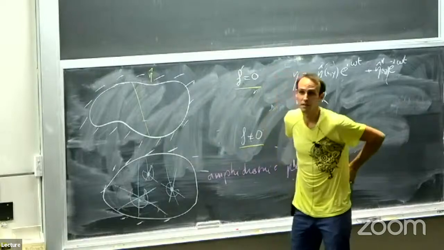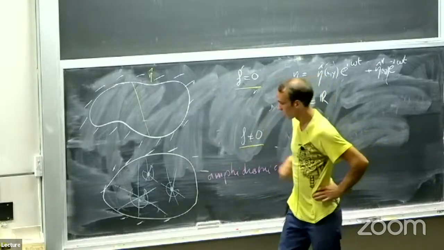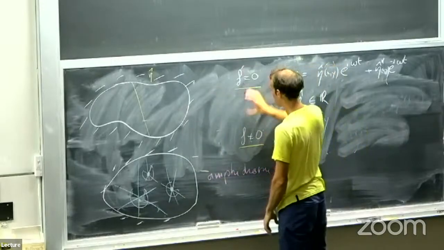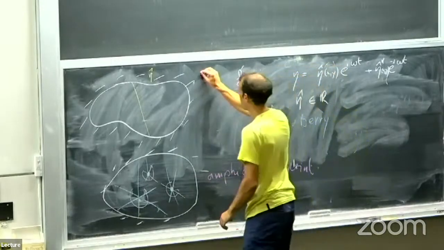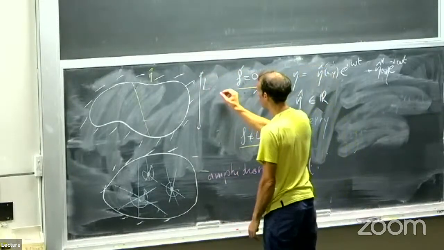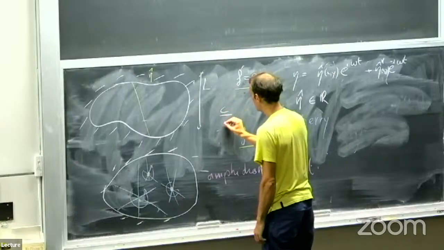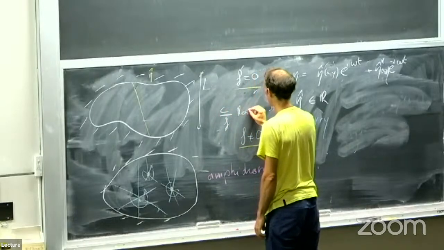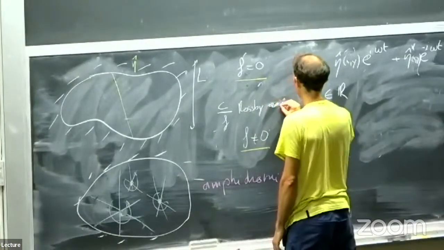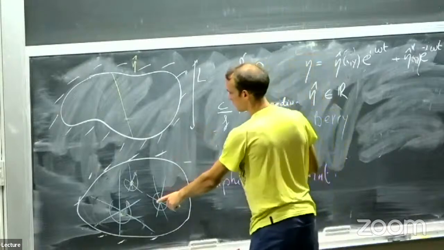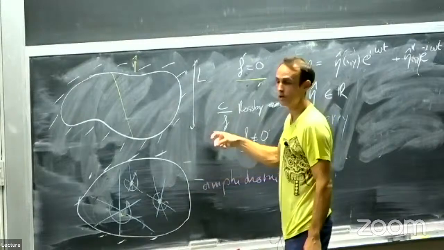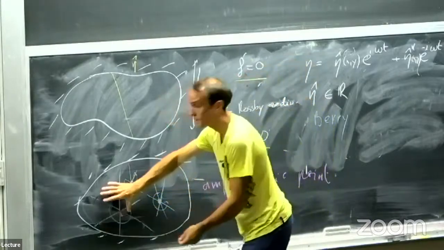Excellent question, because I switch here from f equals 0 to f not equal to 0, but here I have a typical L, and I have a typical scale again in this problem, which is c over f, called the Rossby radius of deformation. And to see this, you need to have the Rossby radius of deformation much smaller than the domain size. Otherwise, look at this picture.